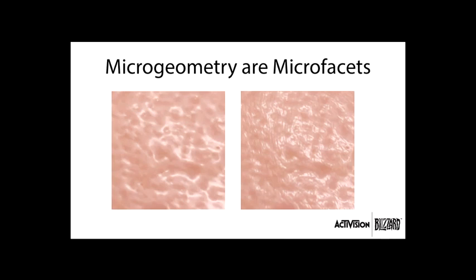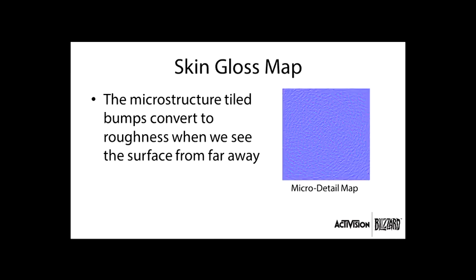And this is where I think things get interesting: our microgeometry is small enough to be considered microfacets when you are really far away from the skin. This means that our tiled microstructure normal map can convert to roughness when we see the head from far away. Just to show this with an example, here we have the normal MIP maps, and as you can see, they flatten with distance, so this part is completely flat.